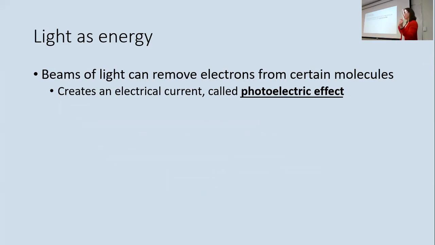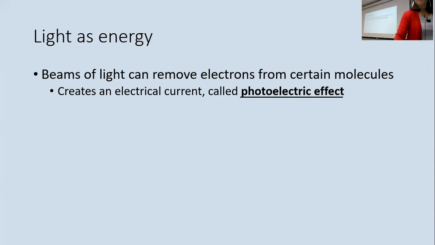This is what we want them to do. When photons come in and remove these electrons, it creates an electrical current. And the whole point of this photosynthetic thing is to harvest the energy from light. So this is where we're going to be using these photons. This is called the photoelectric effect. It is the effect whereby light or photons create an electric current. Okay.